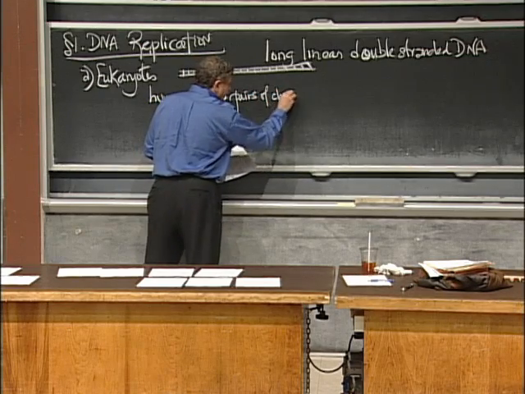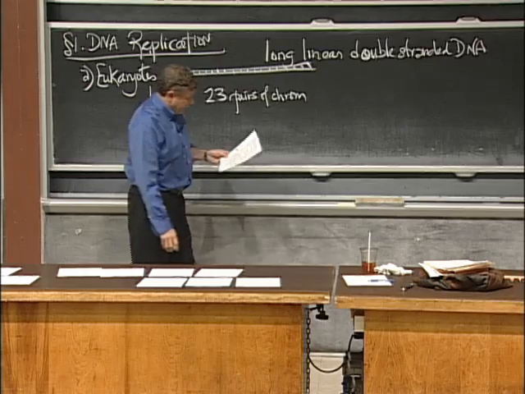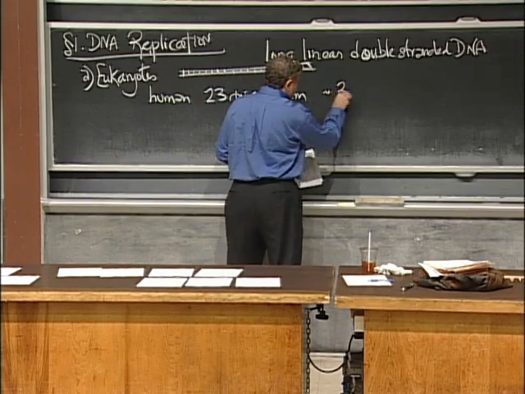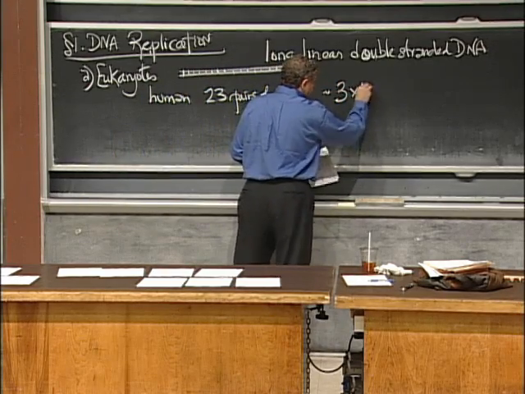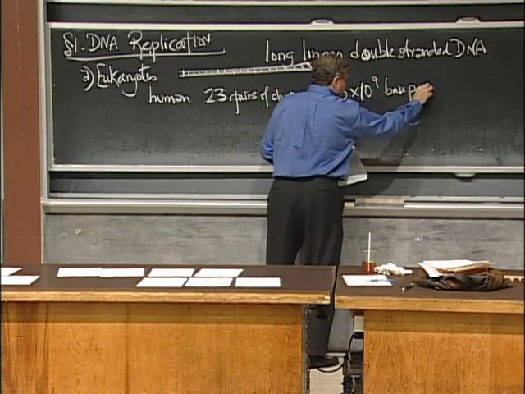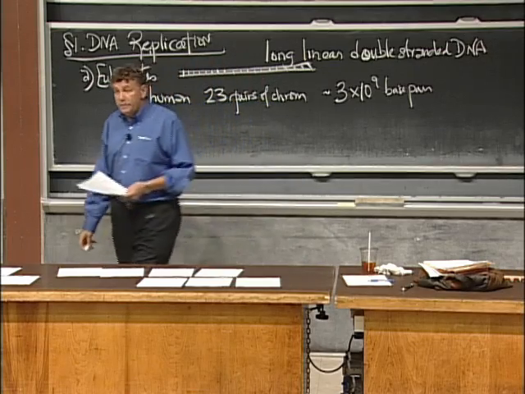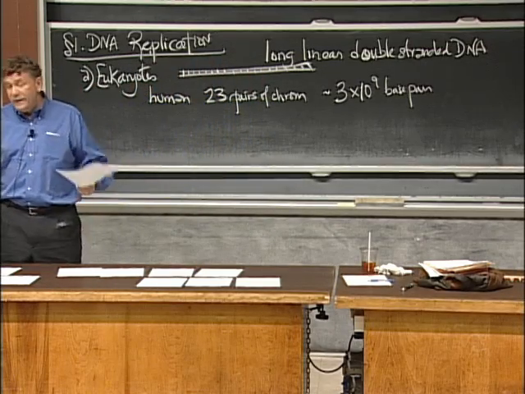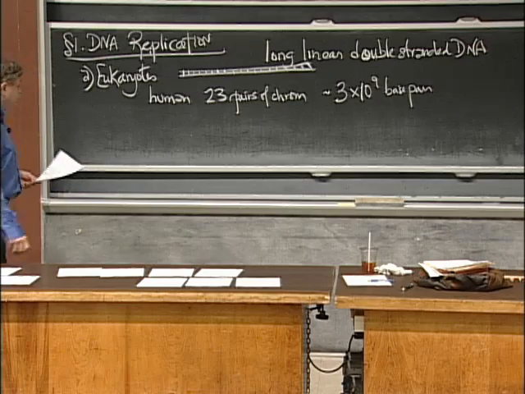And the total length of your DNA is about 3 times 10 to the 9th base pairs. So about 3 billion bases or so, typical chromosome on the order of about 150 million bases or so.